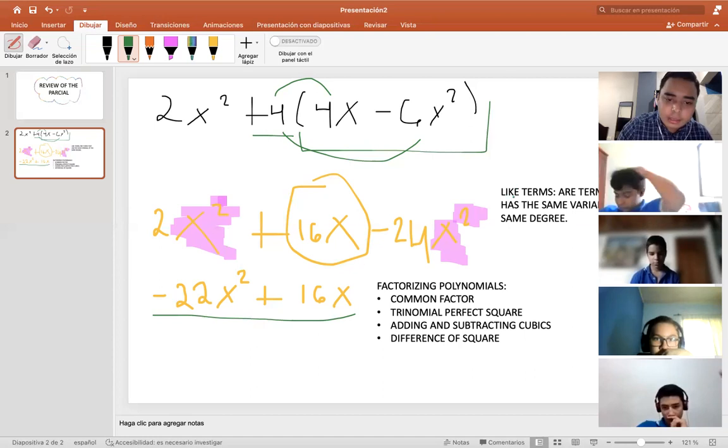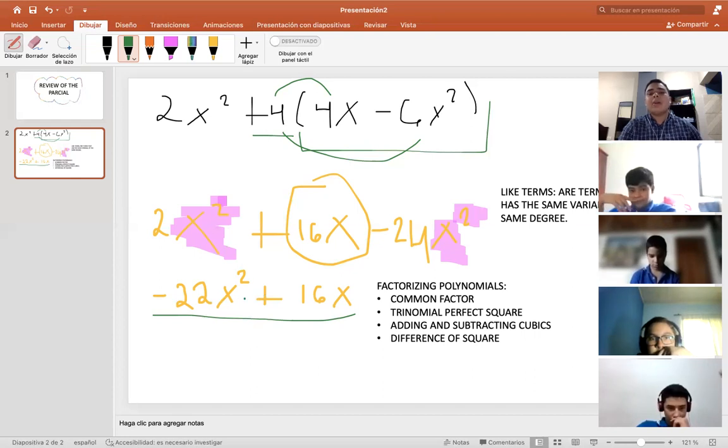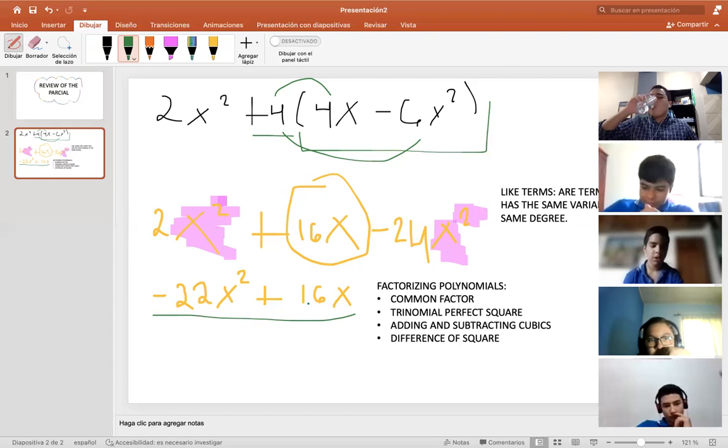Well, talking about the two terms in this polynomial, what do they have in common, guys? They are multiples of 2. What about 4? No, right?